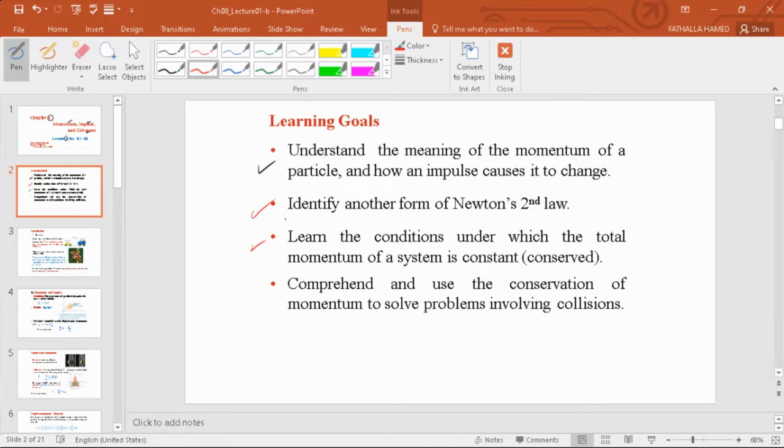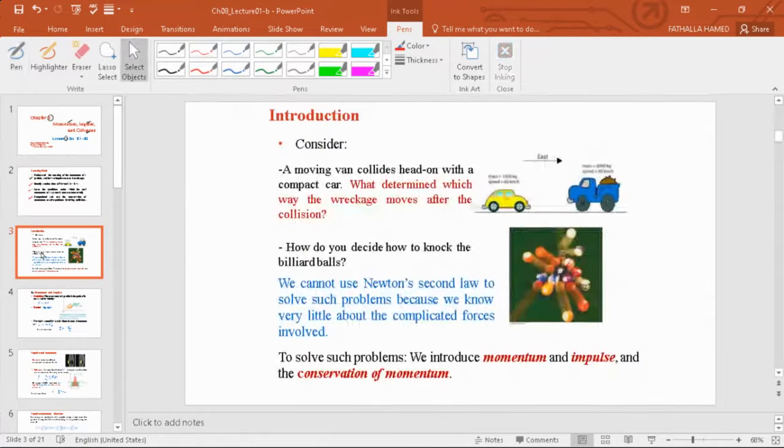Third, learn the conditions under which the total momentum of a system is conserved or constant. And finally, comprehend and use the conservation of momentum to solve problems involving collisions. These are the goals of our lecture.